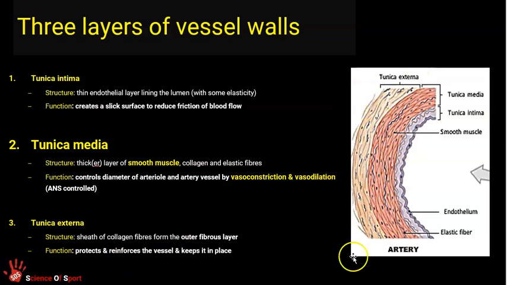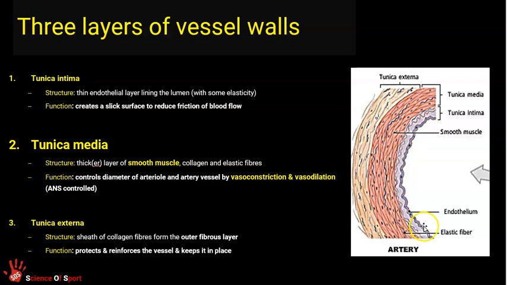And then the outer layer, those vessels that have the outer layer, and it's not every vessel that does, is designed basically to be fibrous and a bit tough, a bit stronger. So it's protective for the vessels themselves. Obviously, with an artery or a vein, we don't want them to be easily damaged because losing arterial blood is hugely problematic. So we have a fibrous outer layer to try to protect the vessels.